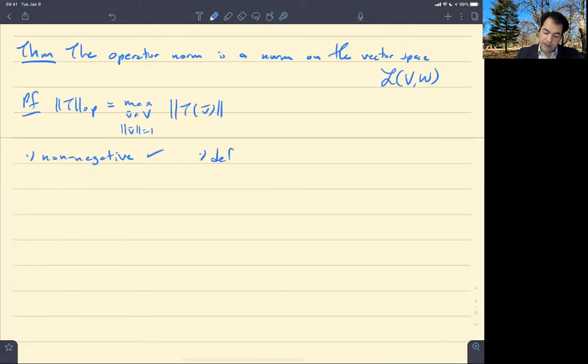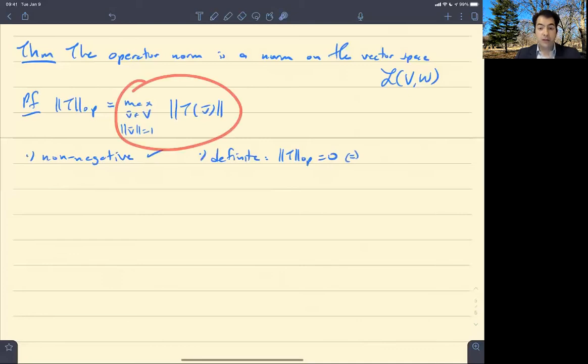It's also clearly definite, right? So if the operator norm of T is equal to 0, then, well, if the maximum of these non-negative numbers is 0, that means that all of these non-negative numbers are actually 0.